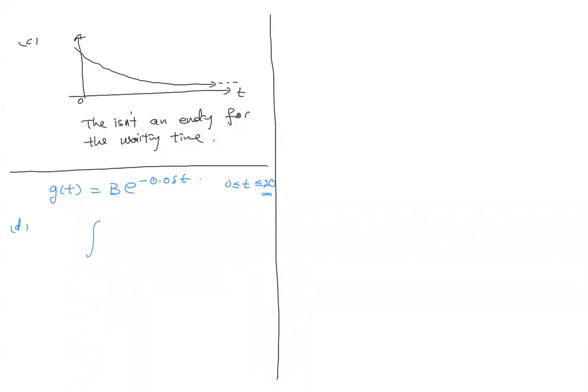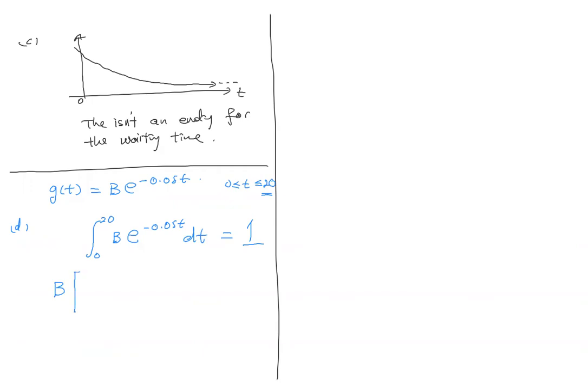If I integrate from 0 to 20, b e to the power negative 0.05t dt, what should I get? What should I get? Jared. Yeah. Jared, you should know. Wang Shen has mentioned that the sum of all the probability is 1. Okay. So now you work on the integration. If I have a number multiplied, I just put the number out here.